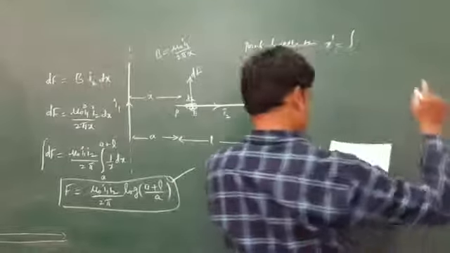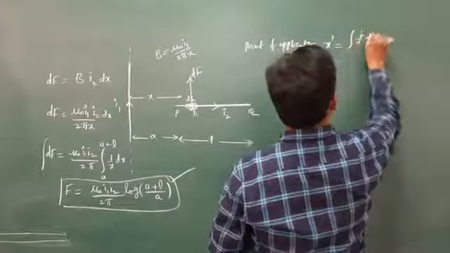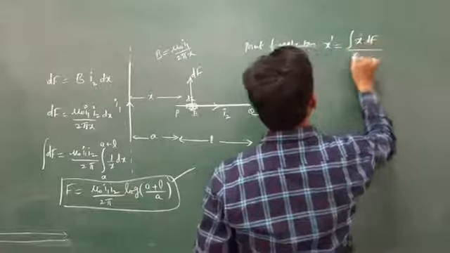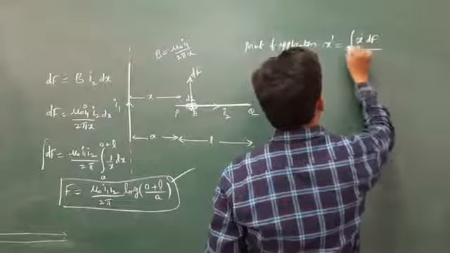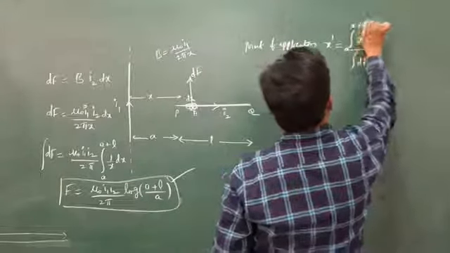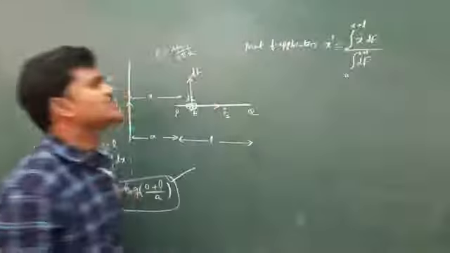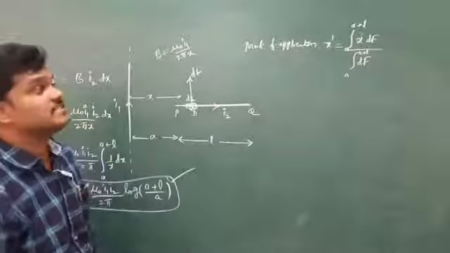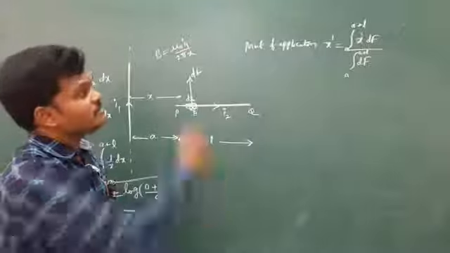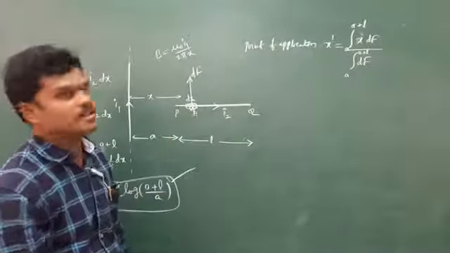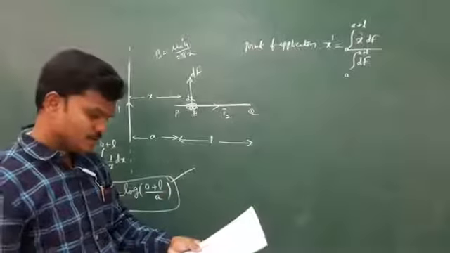integral of x times dF divided by integral of dF. Limits are clear: a to a plus l. Just recall center of mass concepts: x cm, y cm, z cm, method of integration. So substitute the dF value.